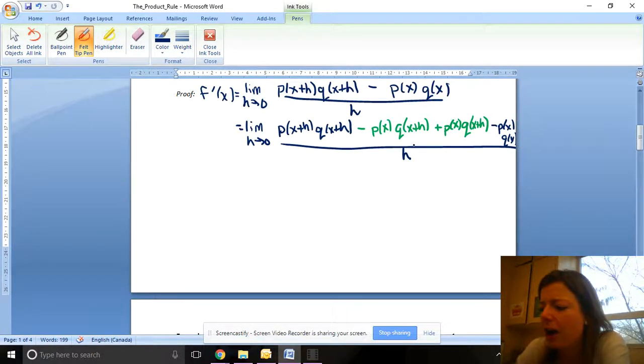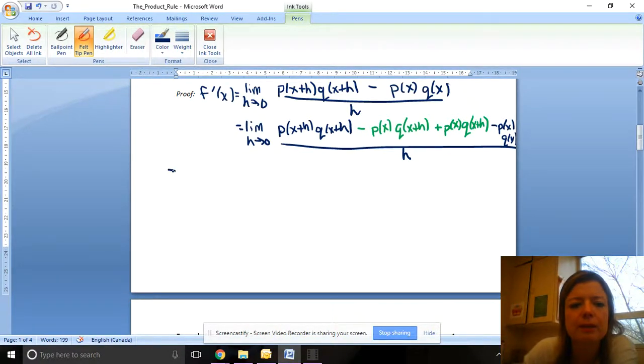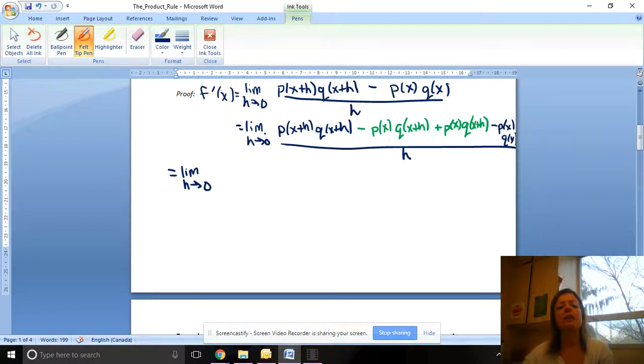Okay, so now I am going to common factor out. I'm just going to put the equal sign over here so I have more room. From these first two terms, see what they have in common. They both have the q at x plus h in common. So I'm going to common factor that out, but I'm going to put that common factor second.